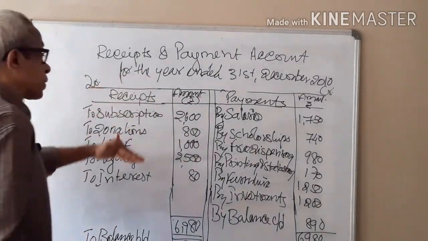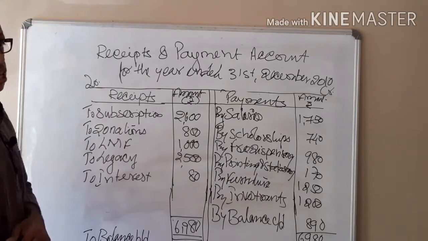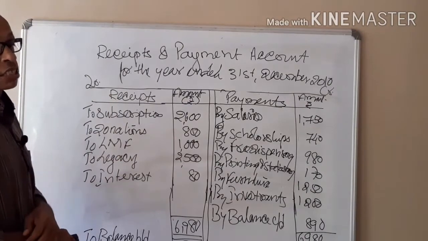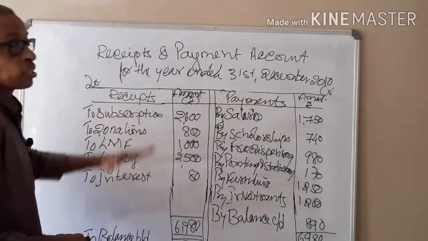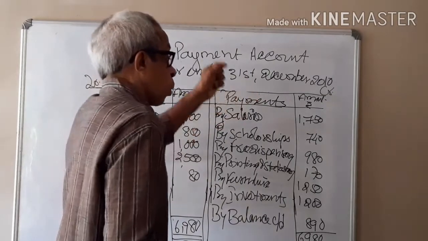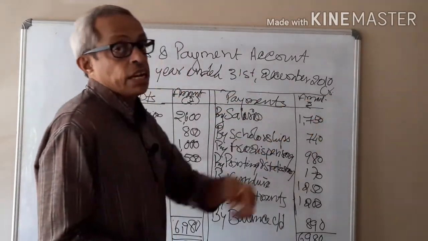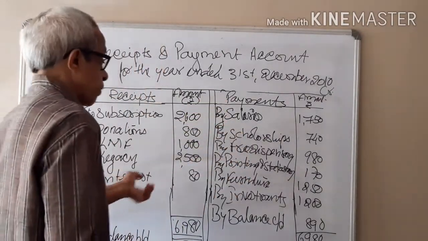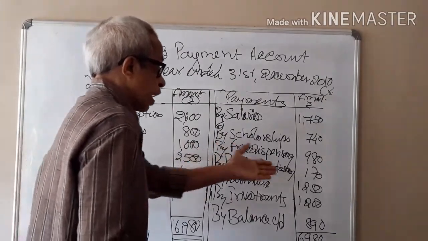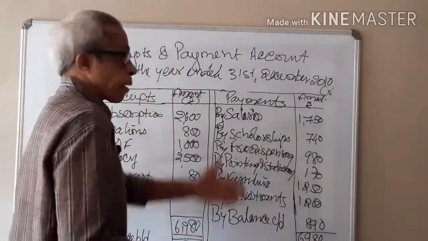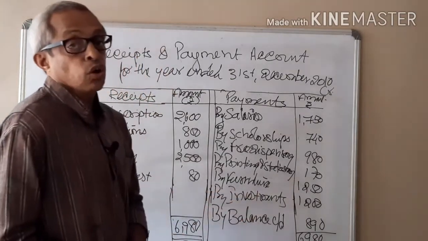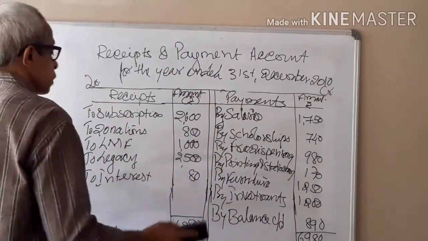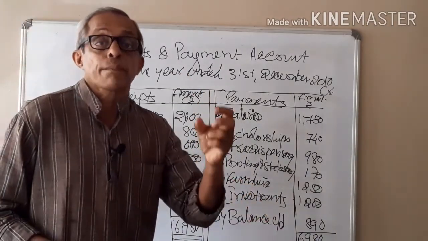On the debit side, that is the receipt side, we show all the receipts during the year, and we show all payments on the credit side, that is the payment side, and we balanced it, and the balancing figure came on the credit side. That balancing figure is the closing cash balance.